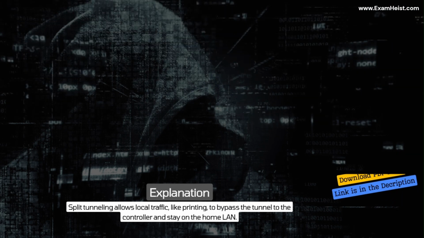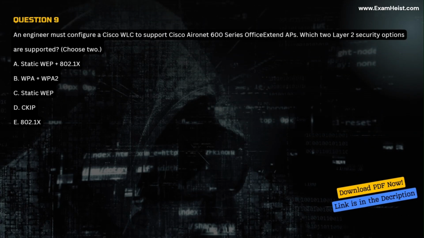LAN. Question 9. An engineer must configure a Cisco WLC to support Cisco AeroNet 600 series Office Extend APs. Which two Layer 2 security options are supported? Choose 2. A. Static WEP plus 802.1x. B. WPA plus WPA2. C. Static WEP.